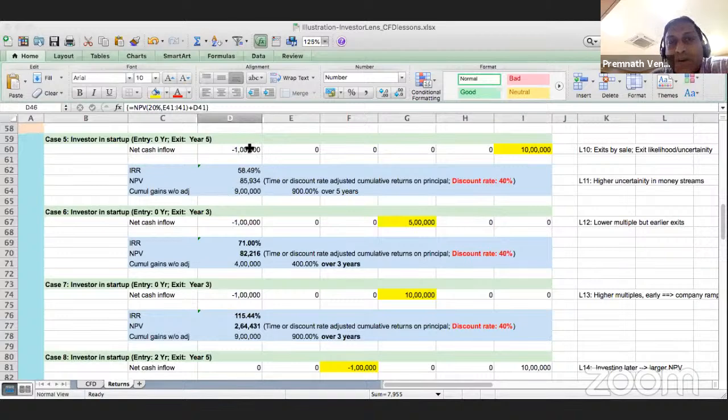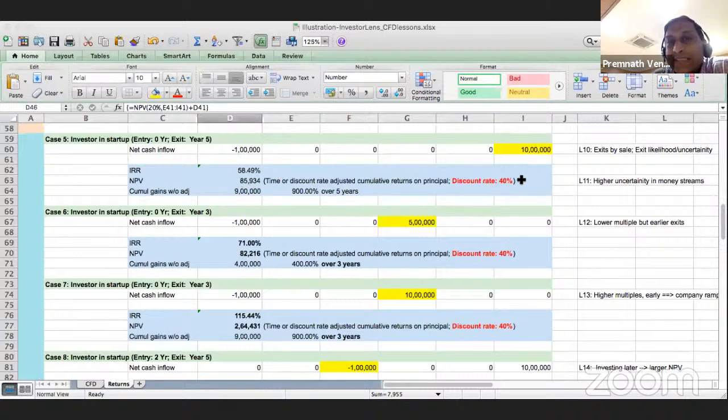So for around 1 lakh, the present value is an additional 90,000 of value added, although it looks like they're getting 10 lakhs. On face value, it looks like a cumulative gain of 9 lakhs over 5 years, but it corresponds to an NPV of this much.